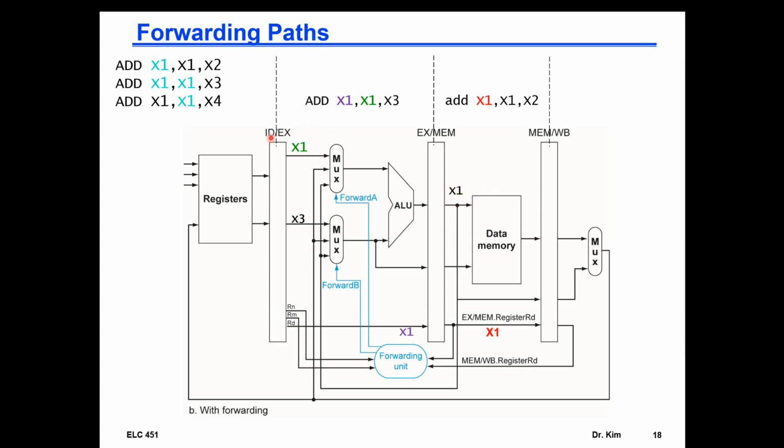We want this one, not this one. So we made the comparison. And by controlling the mux and generating the right forward A signal, we block this and get this X1 over here.